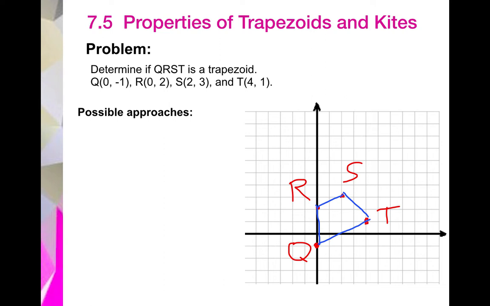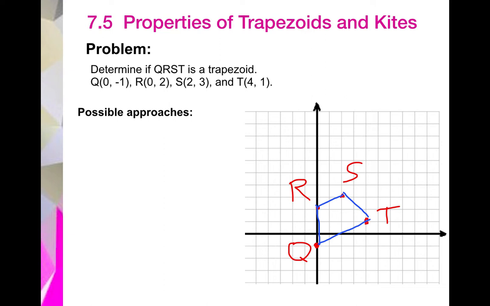If we want to figure out whether or not this is an isosceles trapezoid, then we would figure out the length of this side RQ and ST, and if they're congruent. If they're congruent, and then these sides are parallel, then we have an isosceles trapezoid. So you can check that out.